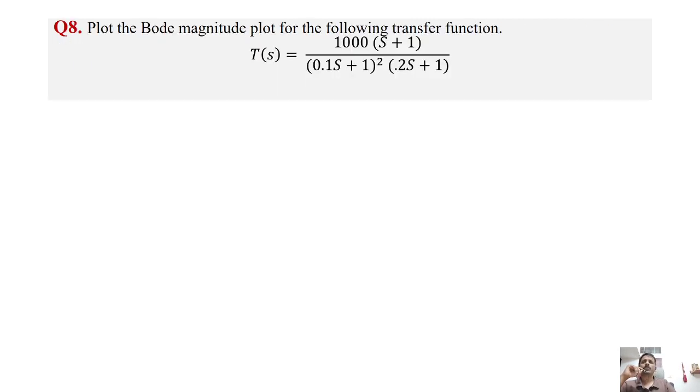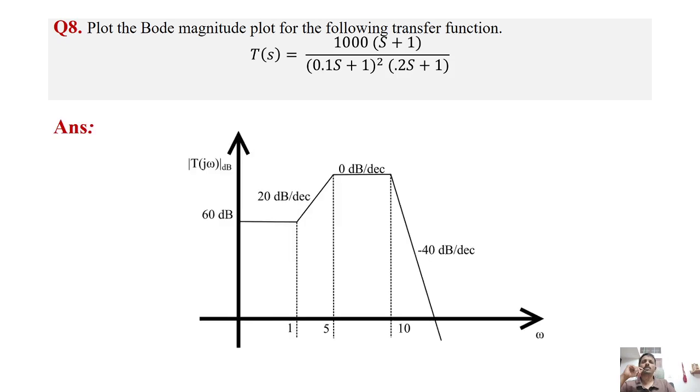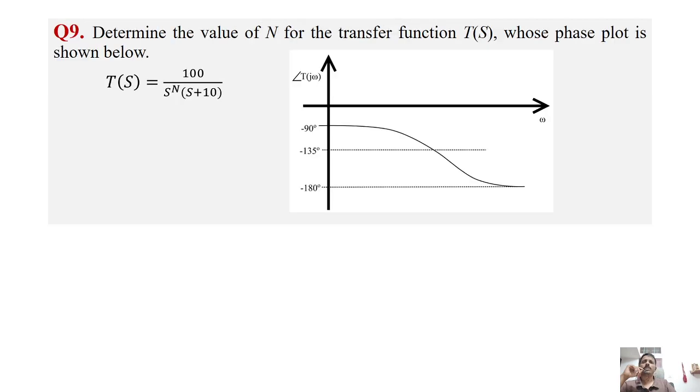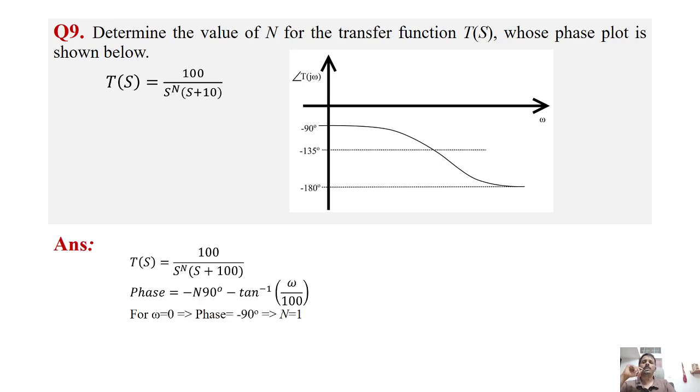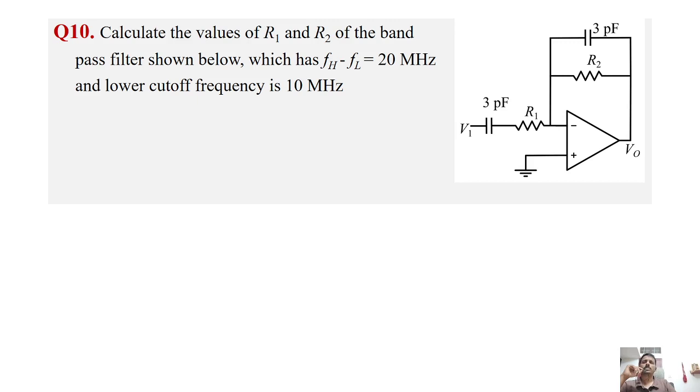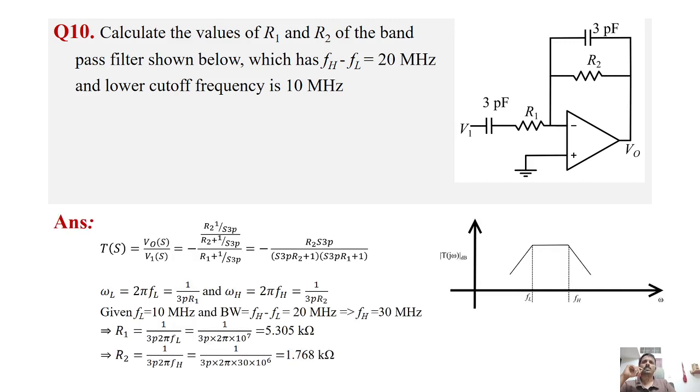The eighth question is to plot the Bode magnitude plot, given the transfer function. The ninth question is to determine the value of n such that the phase plot of the transfer function is given. We initially find the angle of the transfer function, substitute omega equal to 0, and we will get n equal to 1.